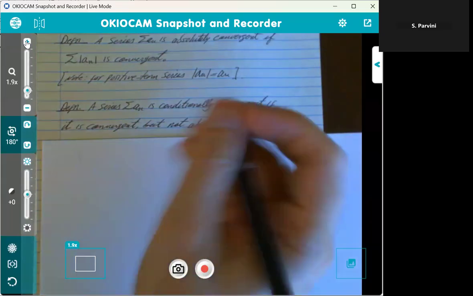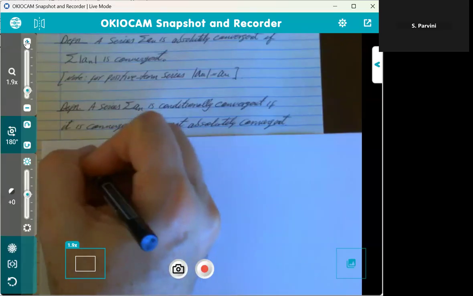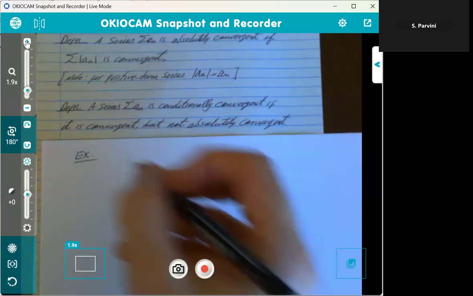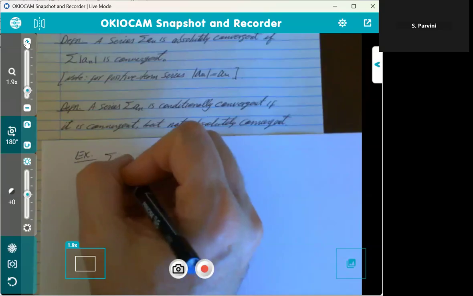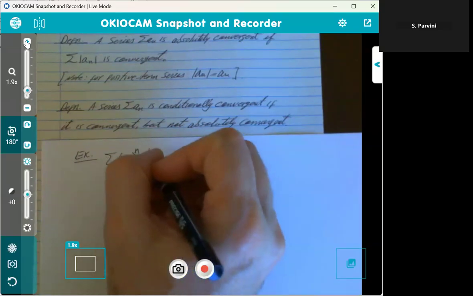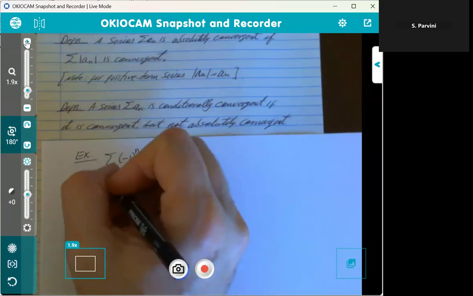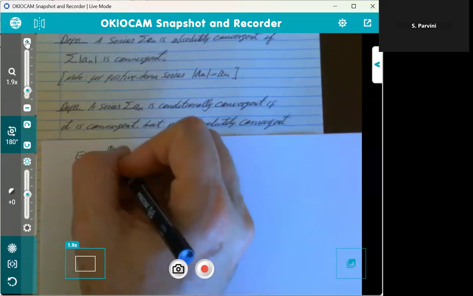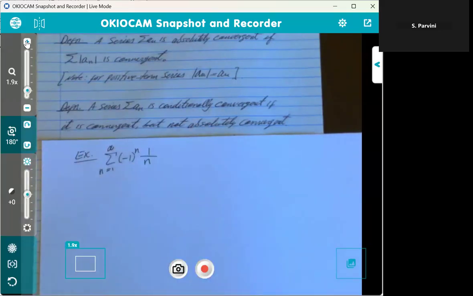So for example, to show you a quick example of this, let's take the alternating harmonic series. Remember, we saw this one in the previous section, the section on alternating series, and we established the convergence of this one, section 9.5.